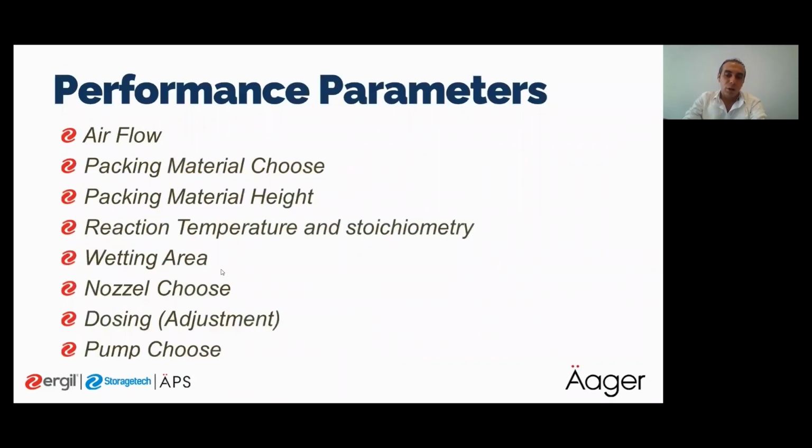Those are the design parameters, and how will we measure the performance? The airflow, the packing material choice, packing material height, reaction, what kind of reaction and what temperature, the wetting area, nozzle choice. Those affect the performance of the scrubber and absorbers.